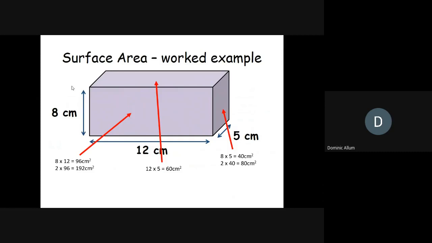I then have to double it for the top and the bottom to give me a total of 120 centimeters squared. I can then add these pairs of areas together, which means I'm going to add my 192, my 120 and my 80 together, giving me a grand total surface area of 392 centimeters squared.